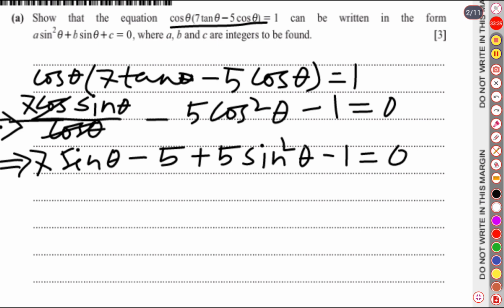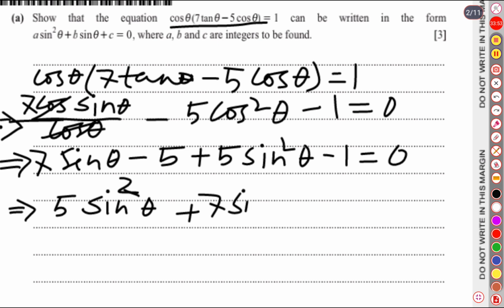If we arrange it, 5 sine square theta plus 7 sine theta, 5 minus 1 is equal to negative 6, equal to 0. So already we have got this format.